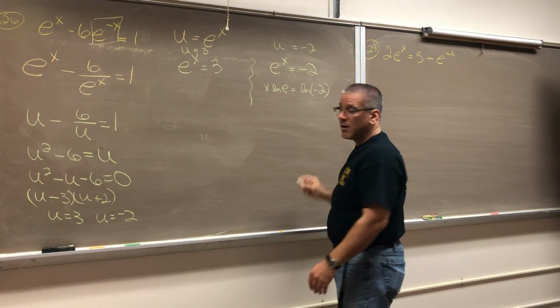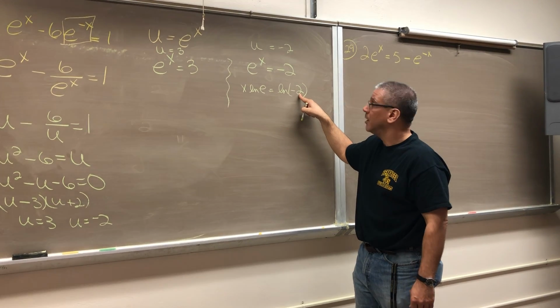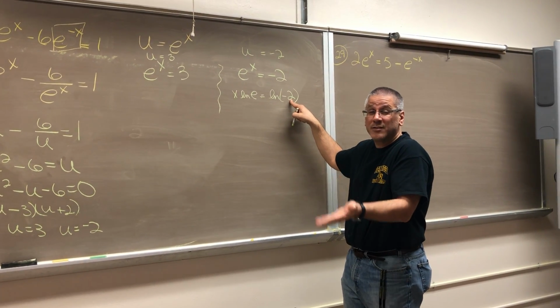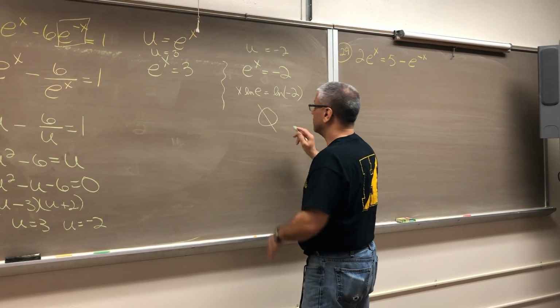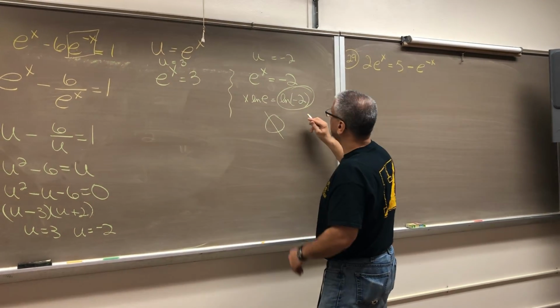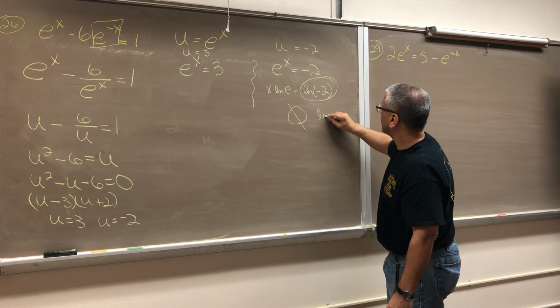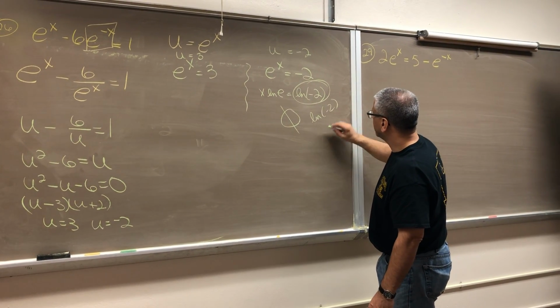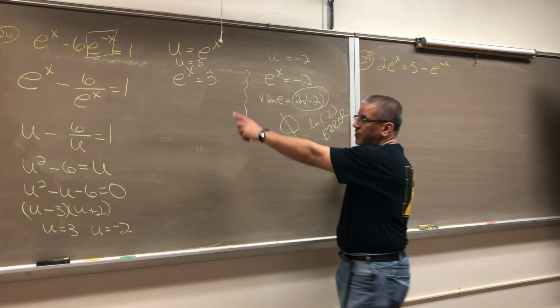Now, if you remember in the notes, we cannot take the log of a negative number. So this side doesn't even exist. There's no answer on this side. This one's done. Cannot take the log of a negative number. So ln of negative 2 is an error. So our only answer comes from here.